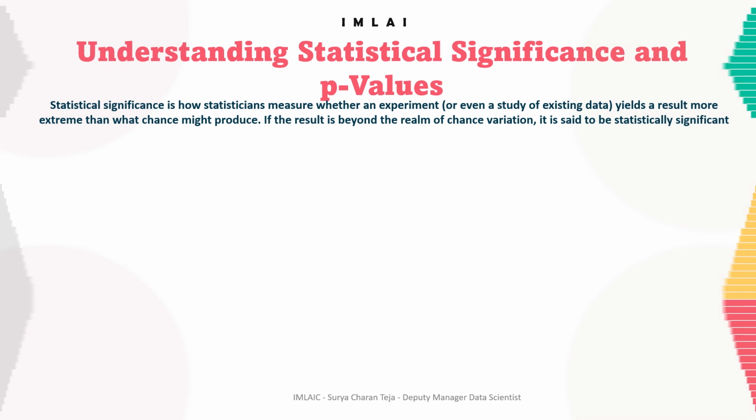Statistical significance is a measure of the likelihood that an observed effect or a difference between groups is not due to chance. It is typically assessed using the p-value, which is a measure of the probability of obtaining a test statistic as extreme as or more extreme than the observed statistic, assuming the null hypothesis is true.